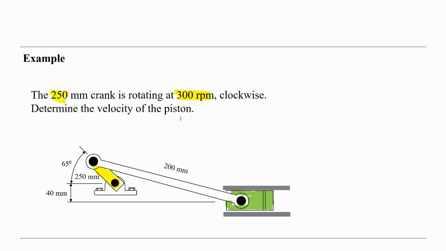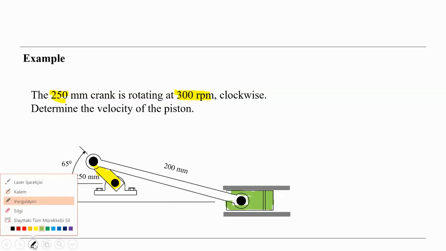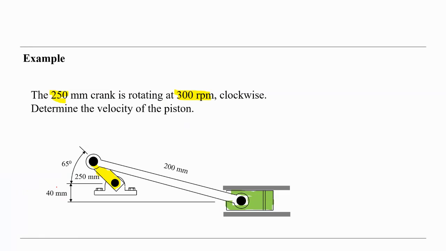We learned in our previous discussions that if we know the RPM of the crankshaft, let's say this is A0 here, point A0, this is the point A, and this is the point B, the joint of the coupler to the piston.